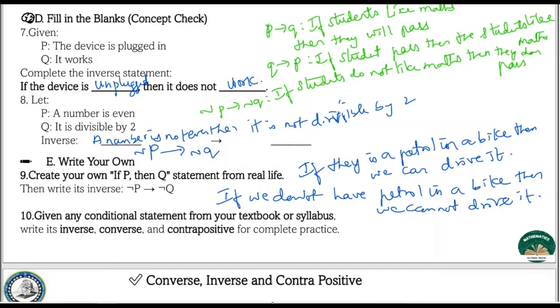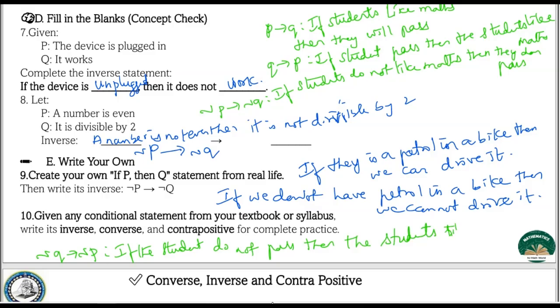Now what will be negation Q implies negation P, the contrapositive? If the students do not pass, then the students do not like maths.